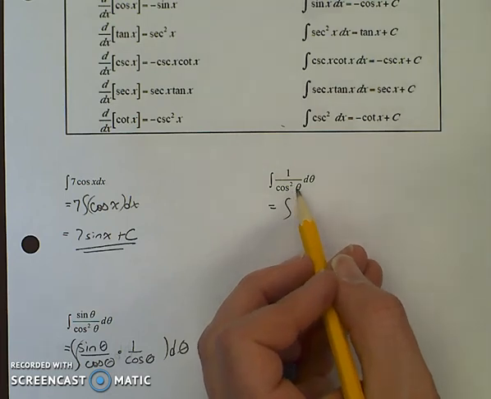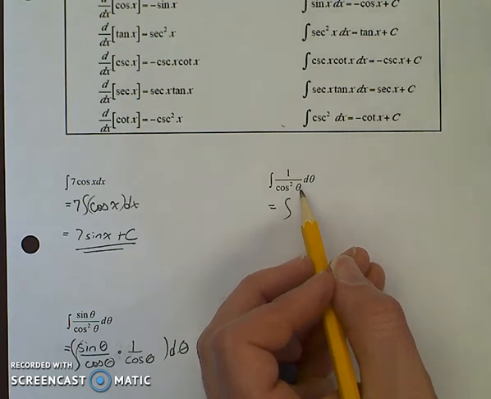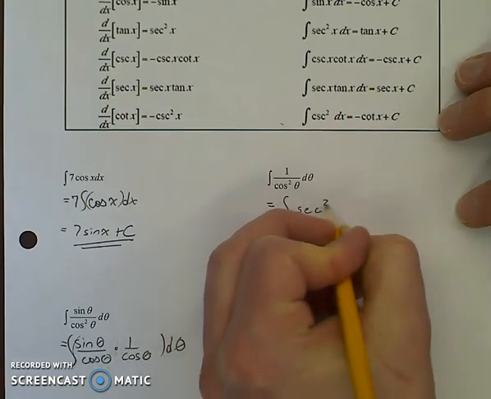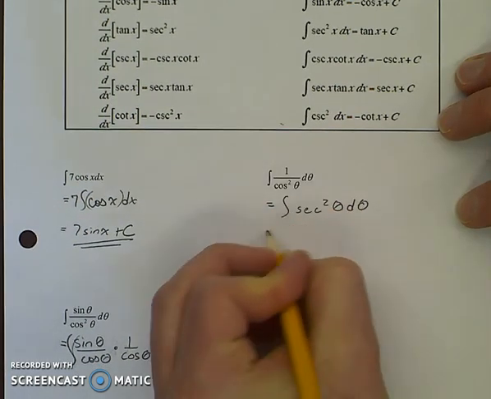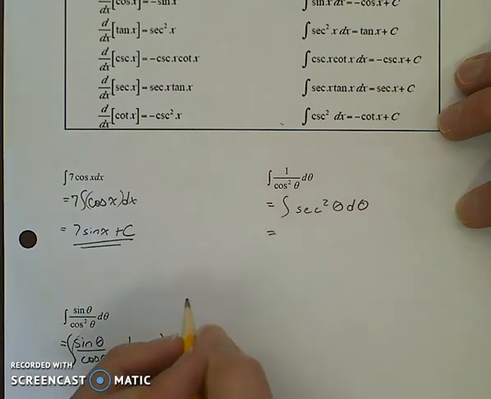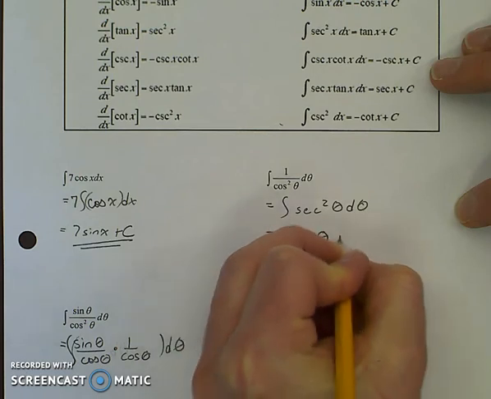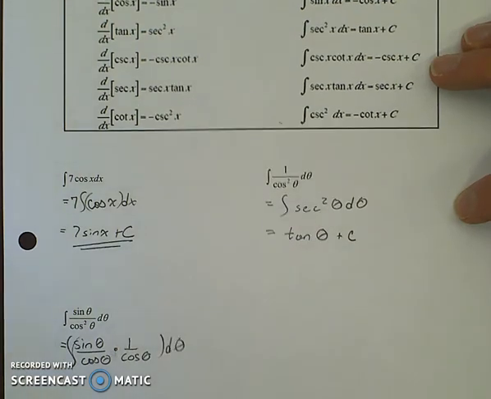We have not learned yet how to solve anything that deals with a substitution. So how do we rewrite 1 over cosine? Secant. So we're going to look at secant squared theta d theta. And then we go back up and we say, oh yeah, the integral of secant squared theta is tan theta plus c. It's as simple as that.